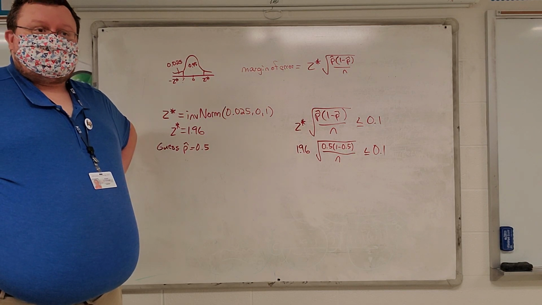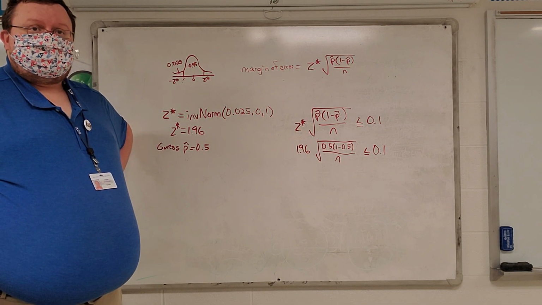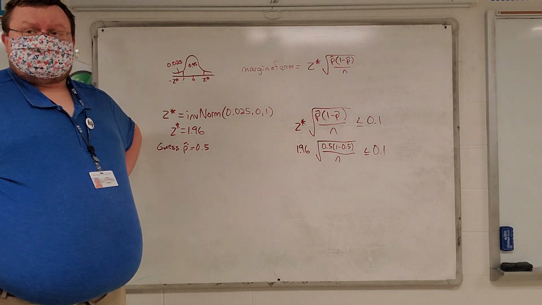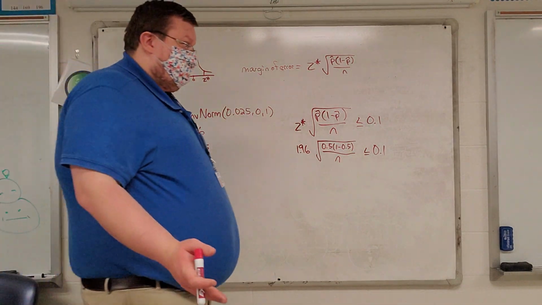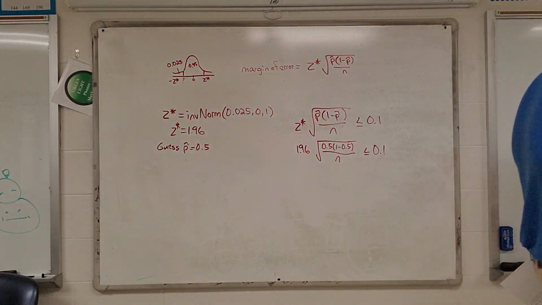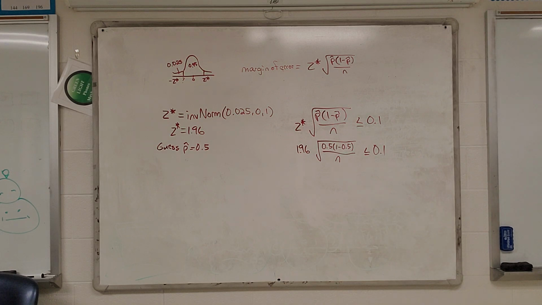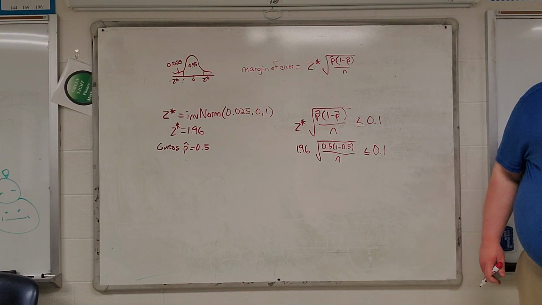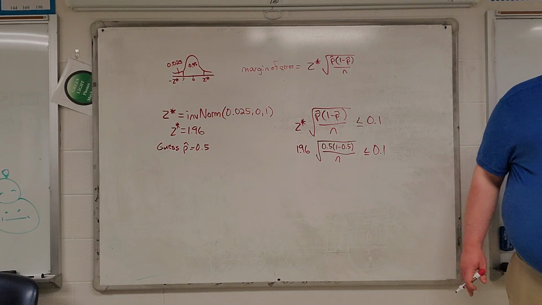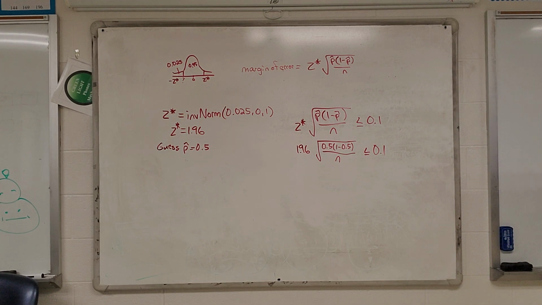That should be the only unknown in our problem. That's why we had to use 0.5 as a guess for p, because we had to plug something in for p. Otherwise we'd have 2 unknowns, and we couldn't solve that unless we had another equation with those same 2 unknowns, and then it would be a system of equations, but let's not go there.